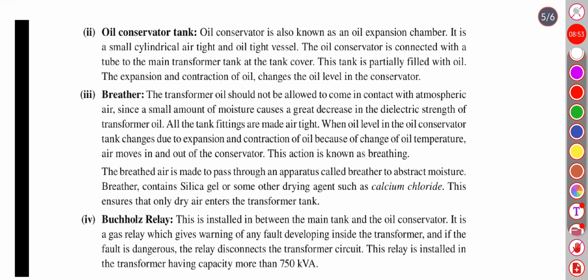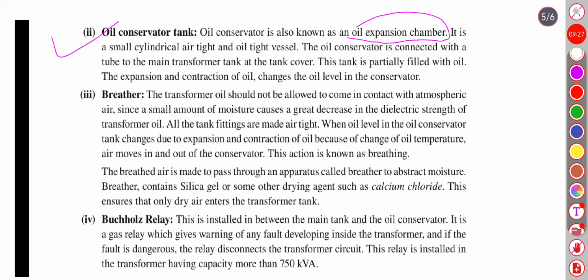Now, as we are using oil in the transformer, so to maintain the oil level in the transformer up to the top, one tank is being provided over and above the transformer tank, and this tank is called the oil conservator tank. It is also known as oil expansion chamber.